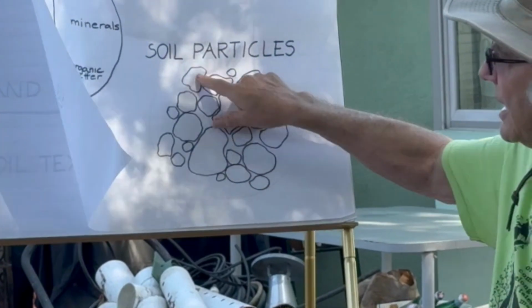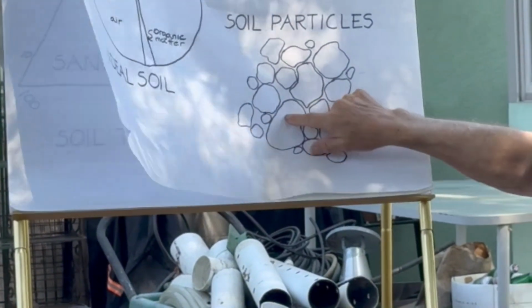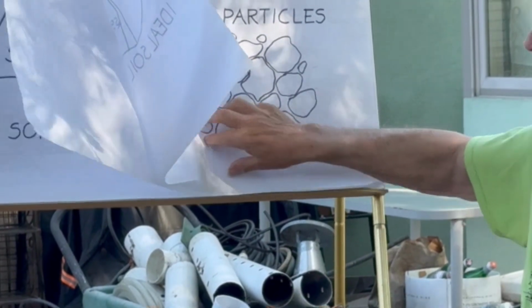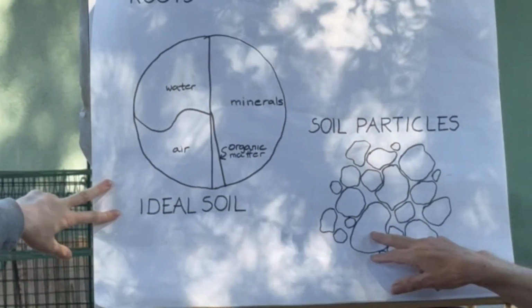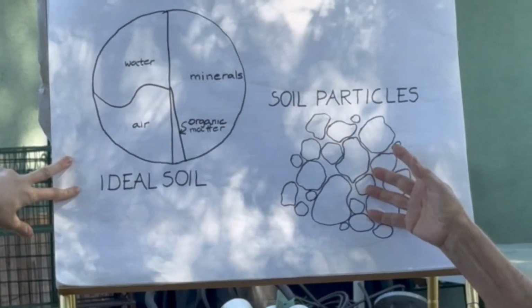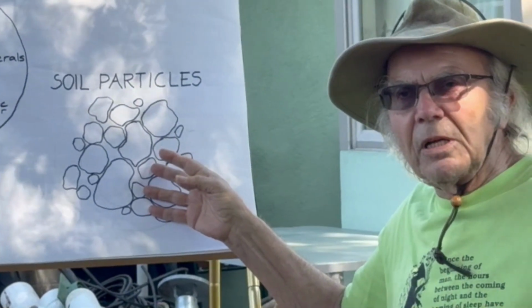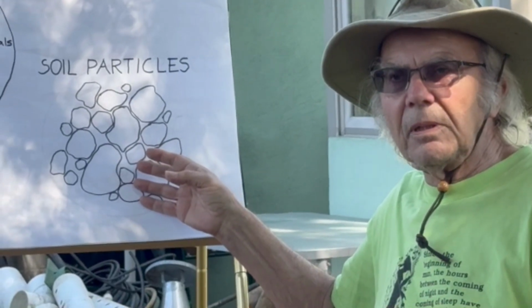And this is not a very accurate representation, because a sand particle might be as big as a wheelbarrow, whereas a clay particle might be smaller than a tennis ball. Wow, is that big of a difference?